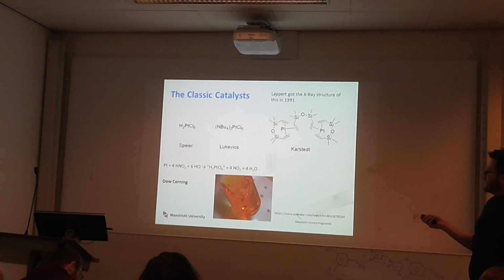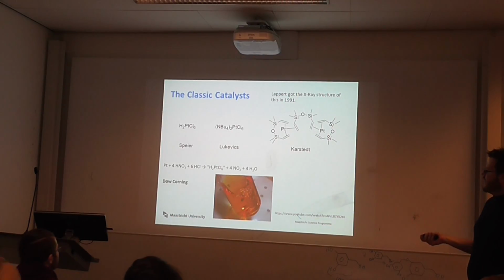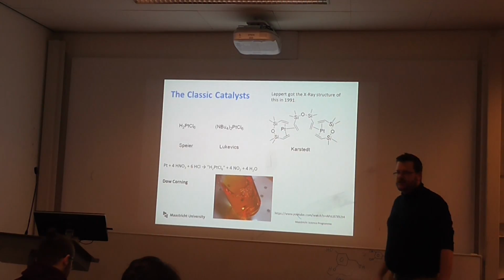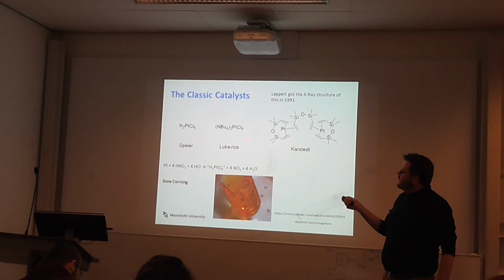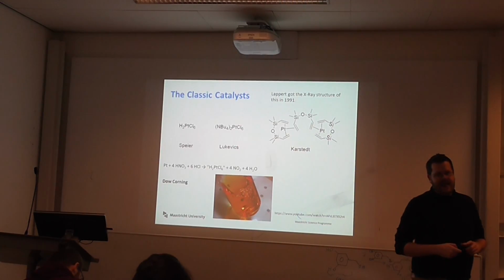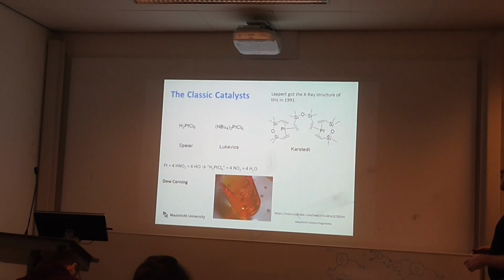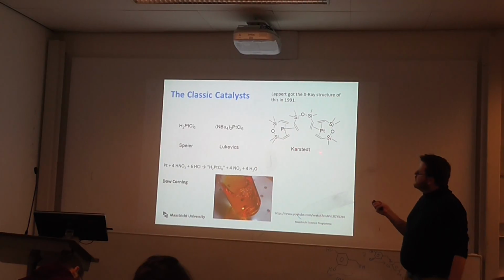Now this is sort of like a second generation Speier catalyst. All they've actually done is just replace the H2s with tert-butyl amines. That increases the solubility in organic solvents of this guy here, so it slightly enhances the catalyst rates. But the Karstedt catalyst is sort of like the big brother of these two, because this is really a soluble catalyst.